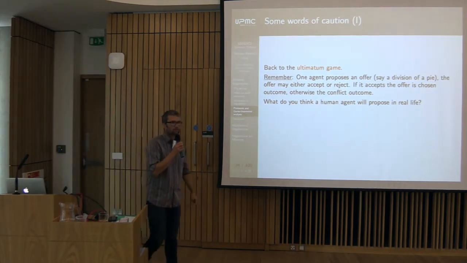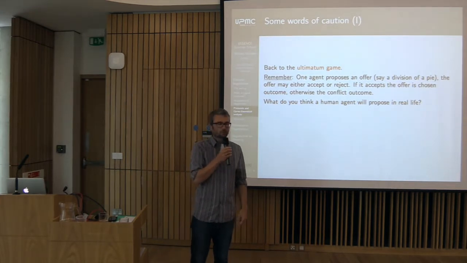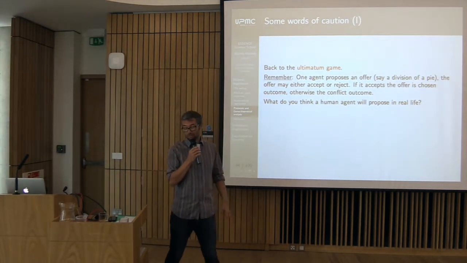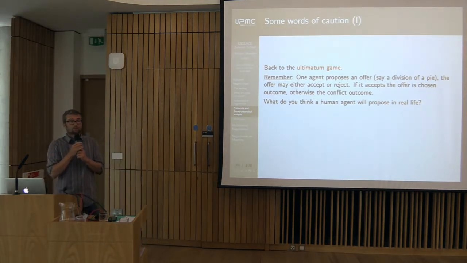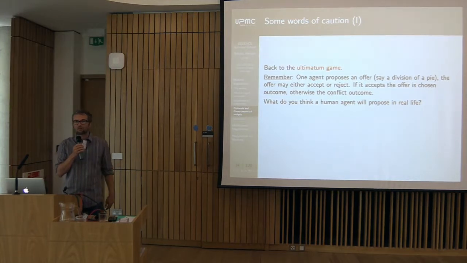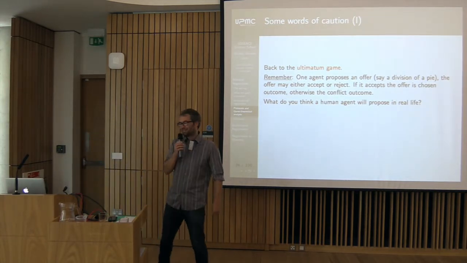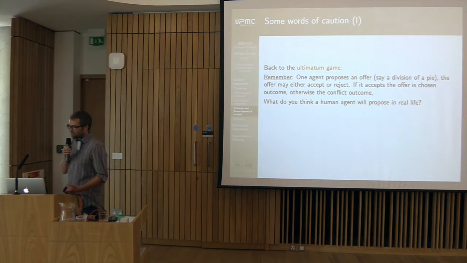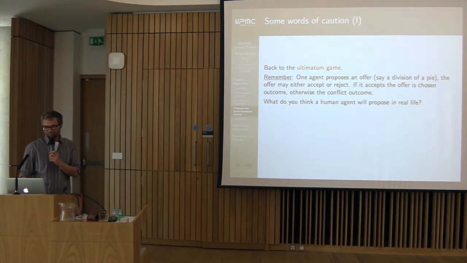When we discuss all these game theoretical notions, it's been very well documented now that when people actually do negotiate or are in this situation, they do not really follow the things that are usually prescribed, or they are not really rational in the sense that they are expected to be.